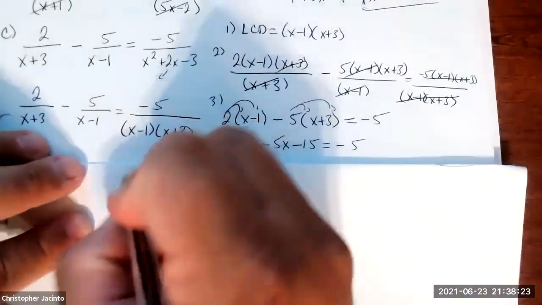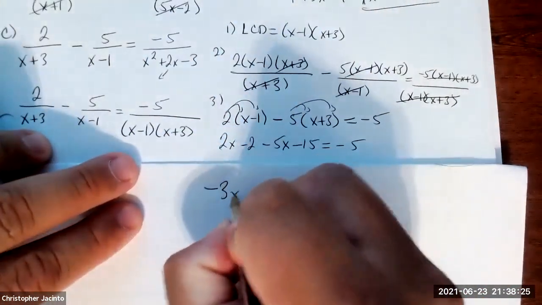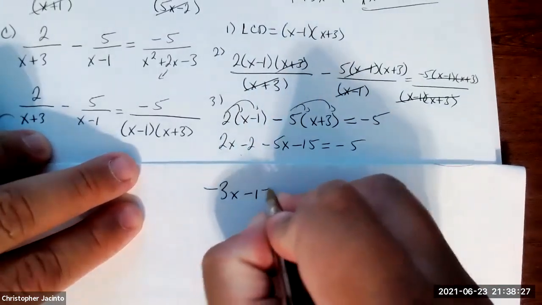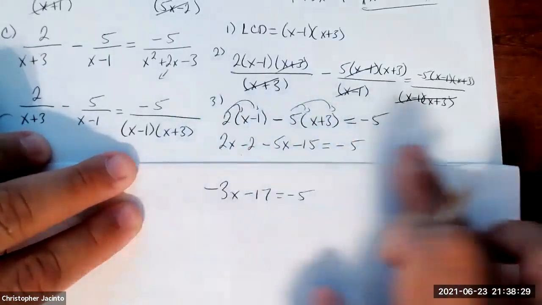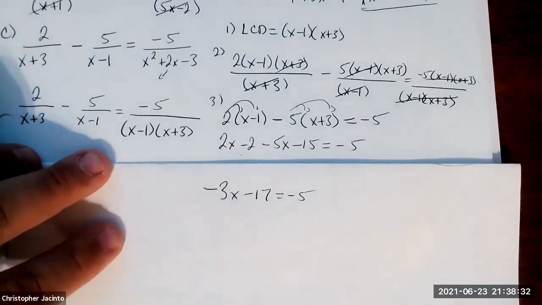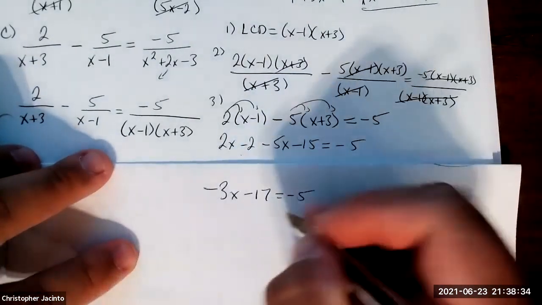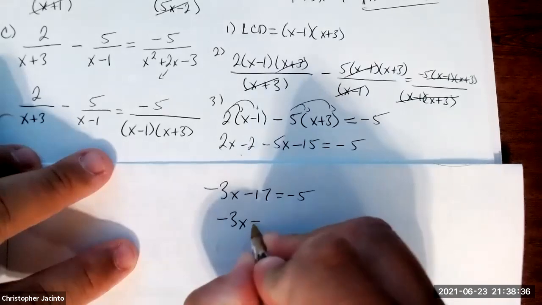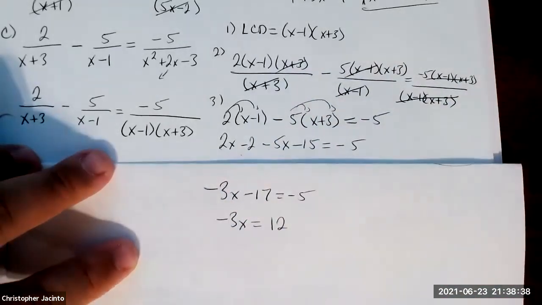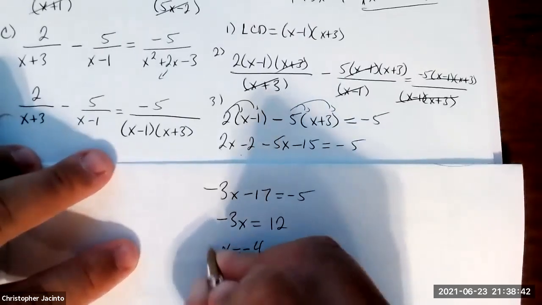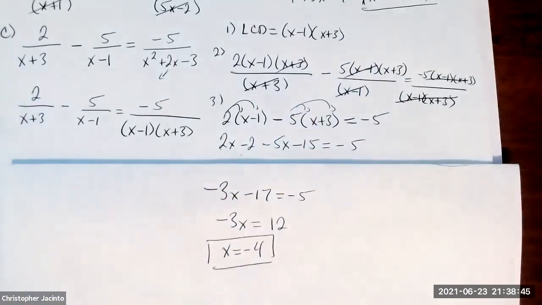So that and that gives you negative 3x. This and this gives you negative 17. Add 17 over. That is 12. And then finally dividing by negative 3 gives you negative 4. That's your answer. And there you go.